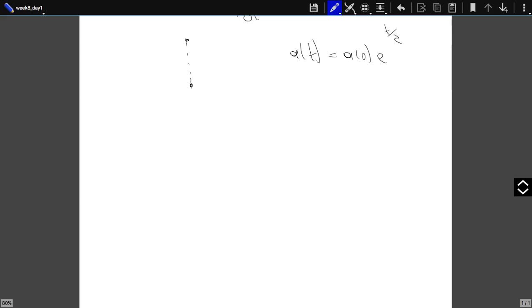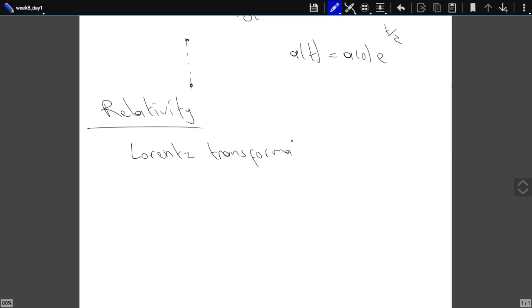Okay, so let's start with relativity. Now, what do you remember about relativity? Lorentz transformations. What else do you remember about relativity?